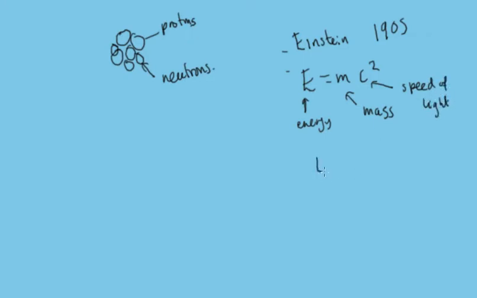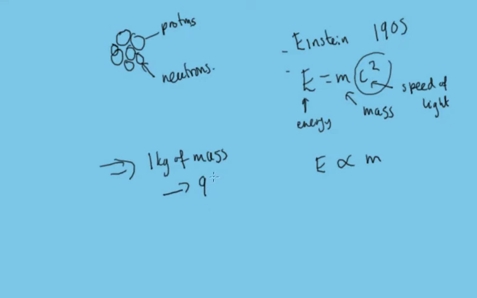Energy is proportional to the mass, and the speed of light squared is that constant of proportionality. So this implies that for 1 kilogram of mass, you can produce 9 times 10 to the power of 16 joules of energy, if all the energy in that mass was released.